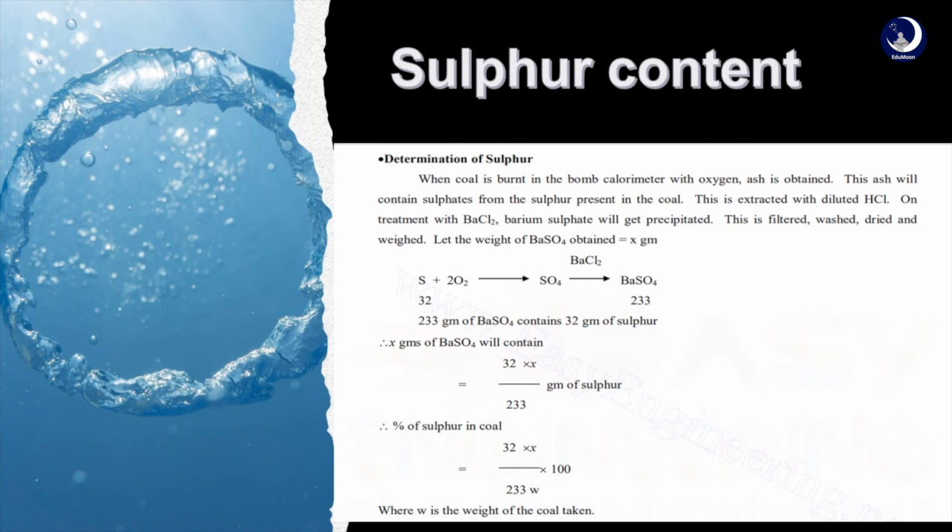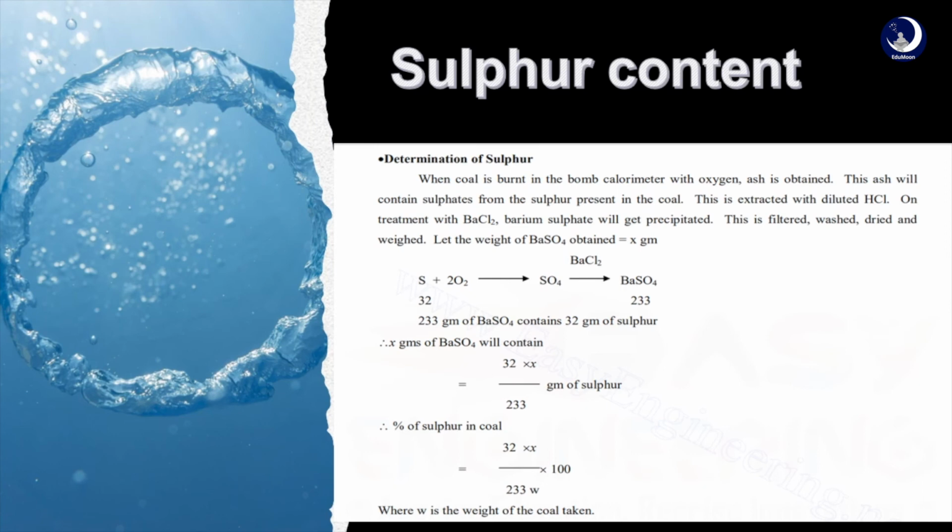Coming to sulfur, sulfur causes corrosion and is also harmful to the atmosphere, because sulfur produces acid which has a harmful effect on corroding equipment, and it also causes atmospheric pollution. For the determination of sulfur, it is determined from the washings obtained from a known mass of coal.